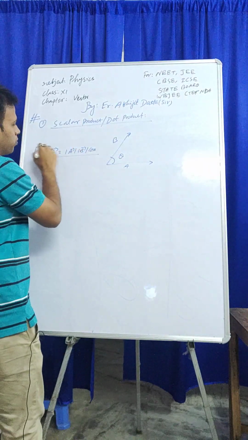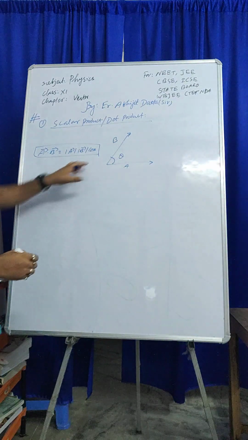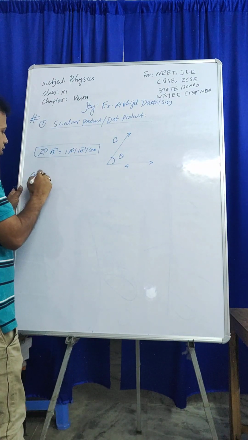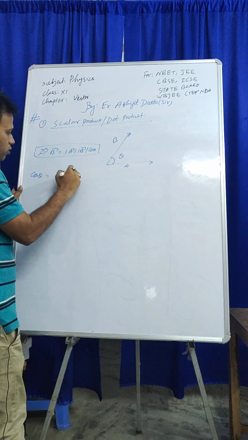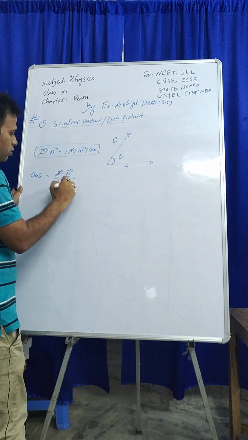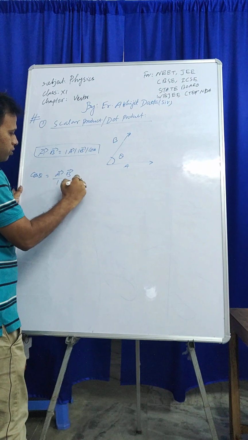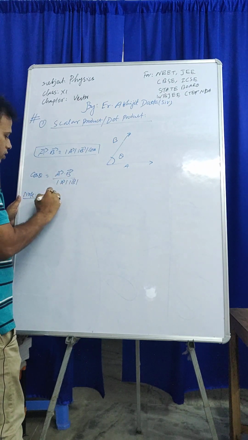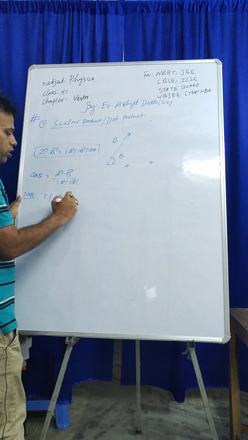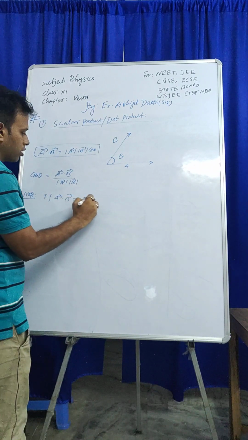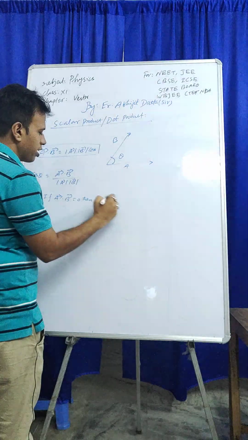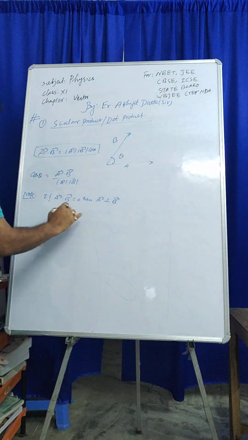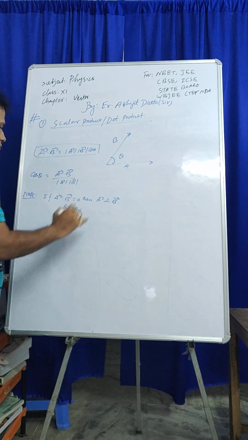Okay, so mod A mod B cos theta is the formula of scalar product. So from that we can find angle easily. Cos theta is A dot B by mod of A mod of B. Now you have to remember this one. If A dot B is equal to 0, then vector A is perpendicular to vector B, that is theta equal to 90 degree here.